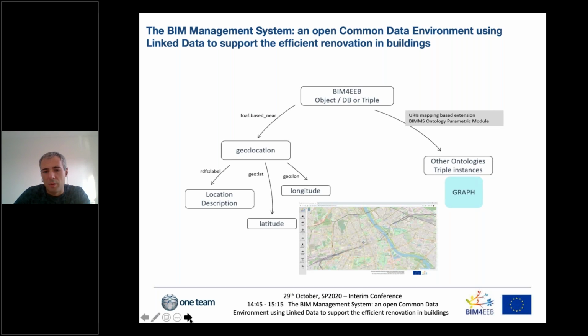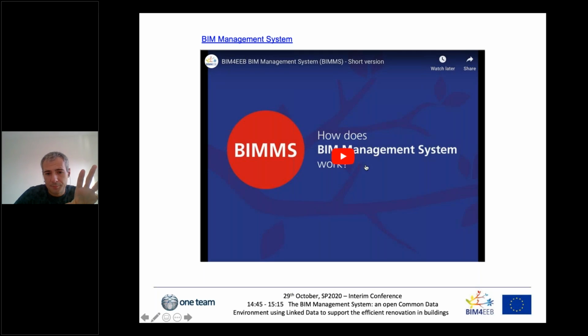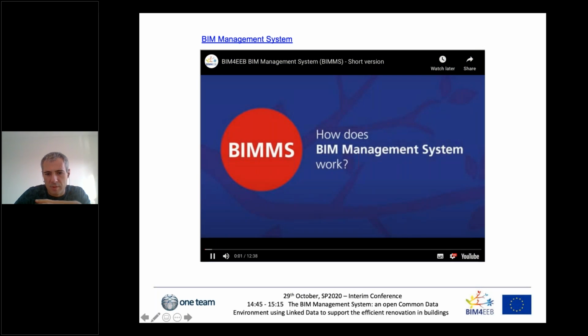Also, finally, the GIS endpoint, about the locations of things. I will go to the video. In this video, you will see a small presentation of how the system works.